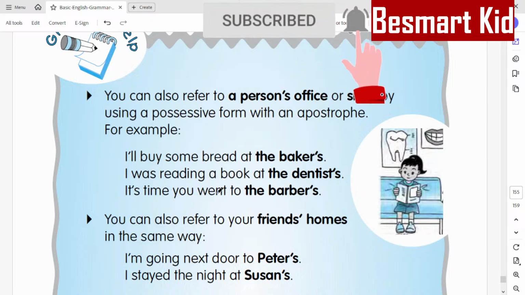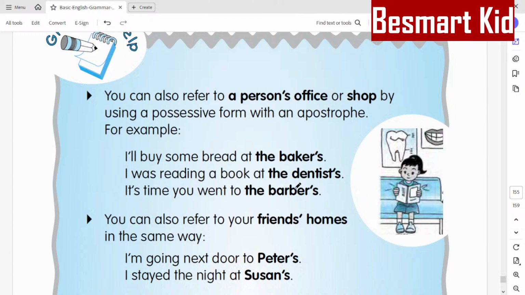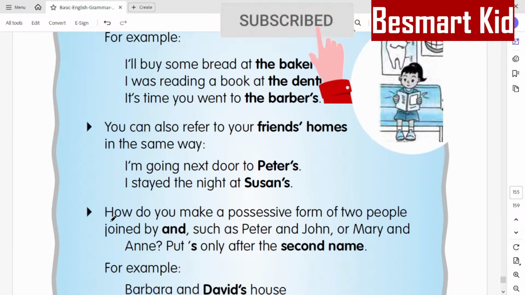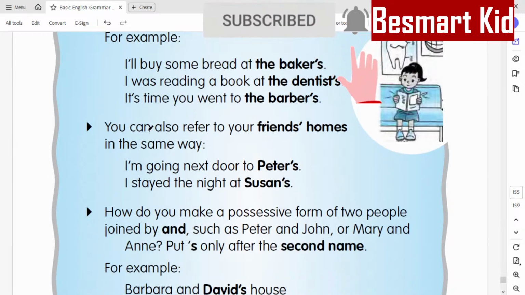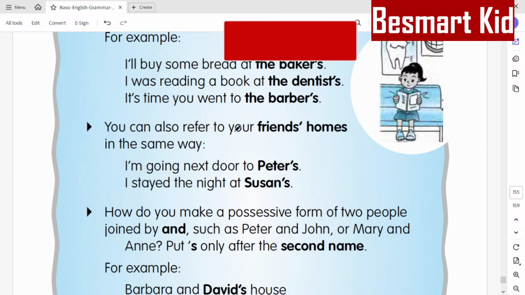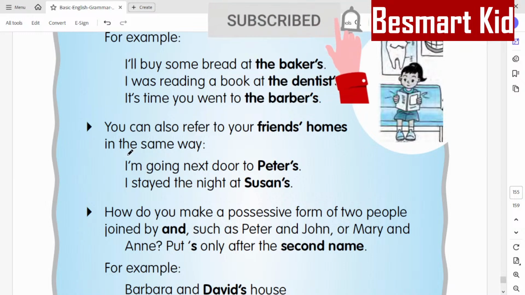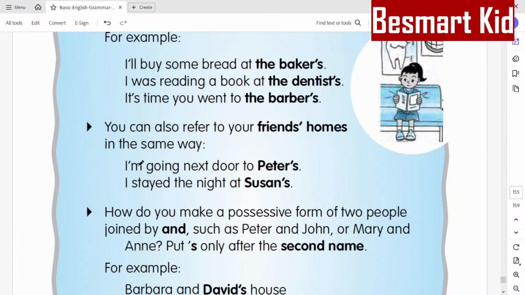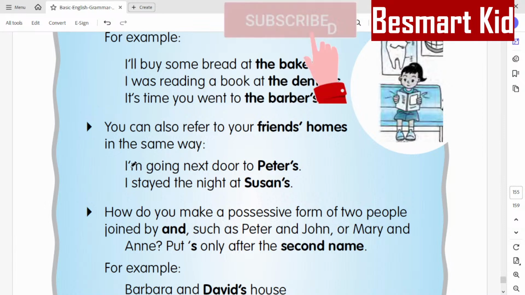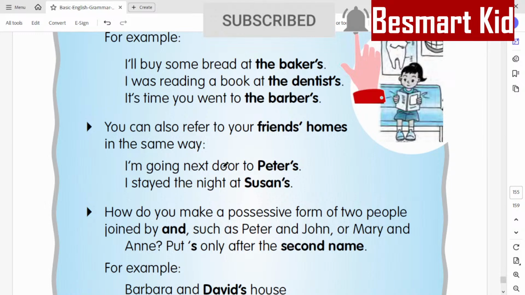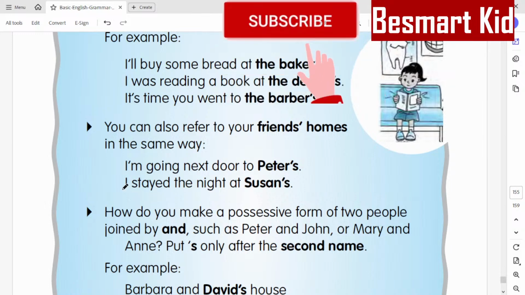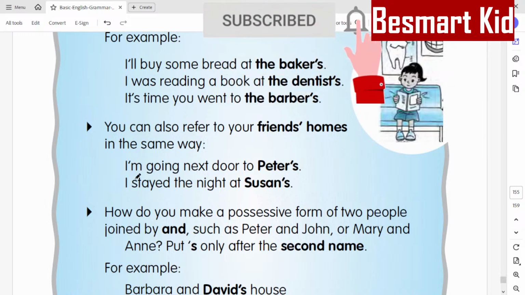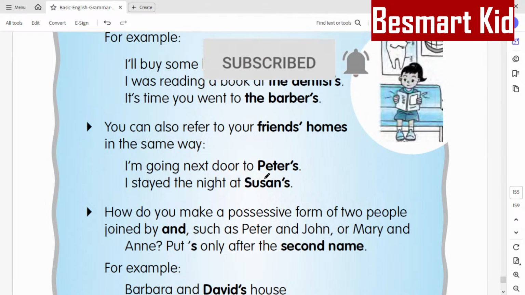It's time you went to the barber's. You can also refer to your friend's home in the same way. I'm going next door to Peter's. I stayed the night at Susan's.